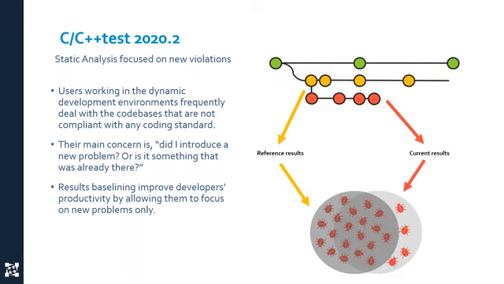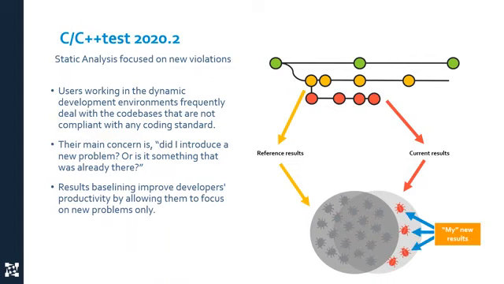So instead of seeing tens or even hundreds of pre-existing violations, developers will be able to focus on those 3, for example, that are caused by the most recent code modification, which is a huge productivity improvement.